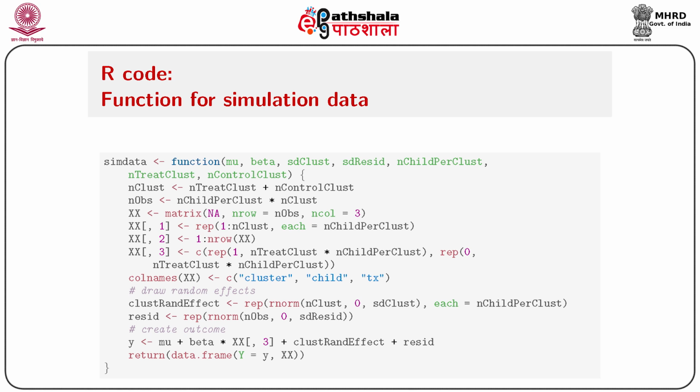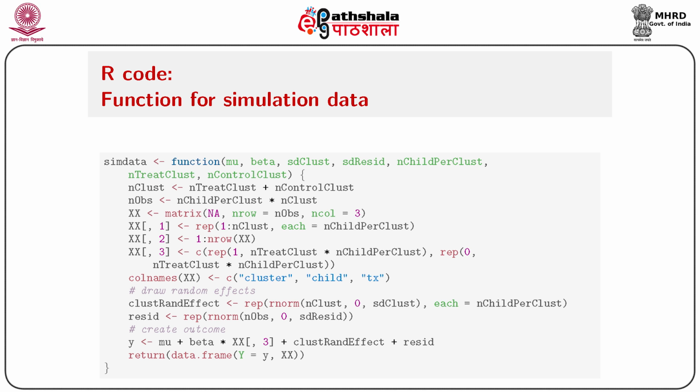So x1 is the replicate of 1 to n cluster, each n child per cluster times, and x2, the second column, is 1 to n row of xx, and x3 is the replicate of 1, n treatment cluster times n child per cluster times, and then comma, replicate of 0, n control cluster times n child per cluster.